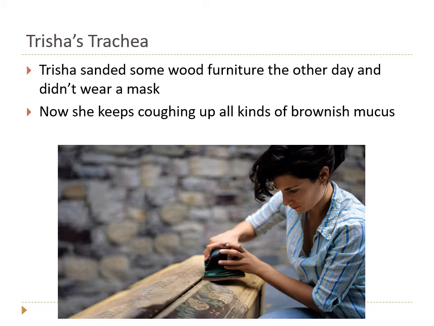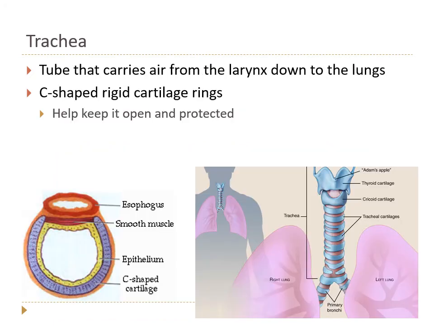What is it called? Sawdust. There we go. To catch all the sawdust. And now, like a day later, she keeps coughing, and it's this yucky brownish looking mucus. And she's like, oh, this is horrible. Do I have some type of lung infection? So the question is, what is happening here?